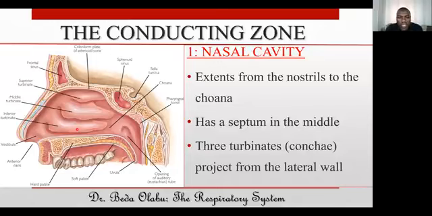We have the superior turbinate, middle turbinate, and inferior turbinate. Between the turbinates are depressions, and those depressions are called meatuses. So the superior meatus, middle meatus, and inferior meatus. The projections are called turbinates or conchae. The depressions are called meatuses.